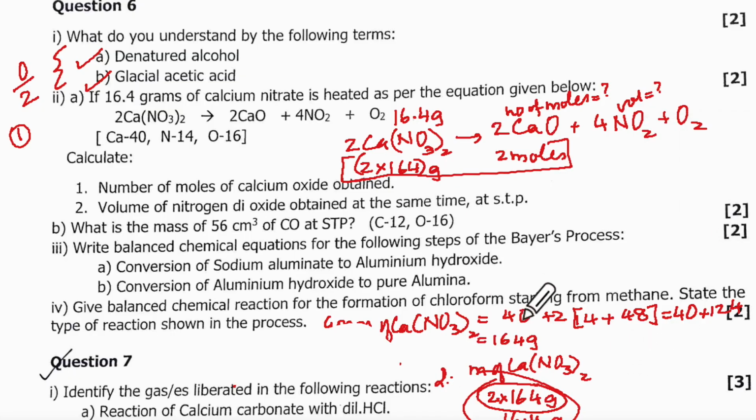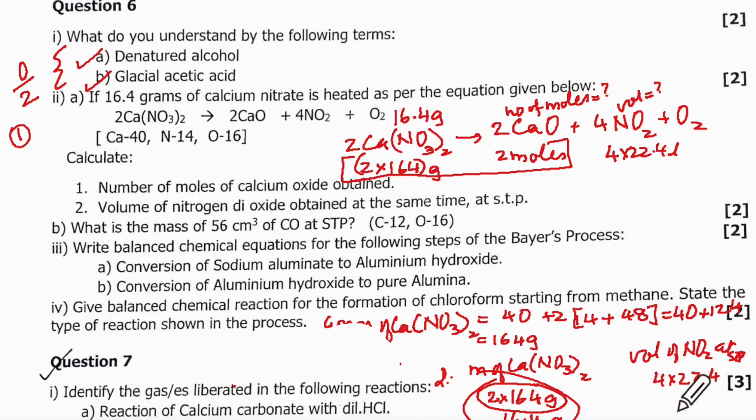For the second part, the first column will be the same and the second one will be what? Volume. Volume of what? NO2 at STP. Now there are 4 moles, so it will be 4 into 22.4 liters. So it will be volume at STP 4 into 22.4.